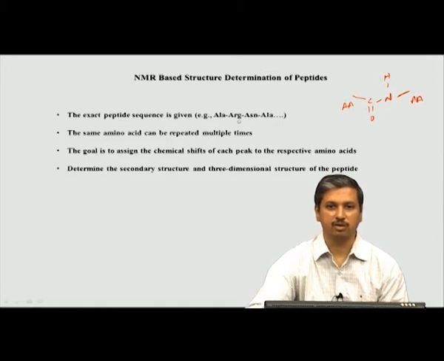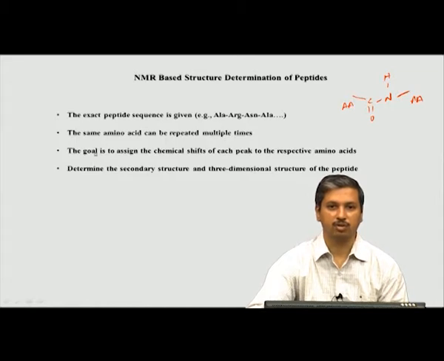So, alanine has come twice. There is no restriction as to how many times the same amino acid can repeat. So, this is like a polymer, we are looking at a biopolymer. This is where the complexity starts. If you have multiple amino acids of the same type, then the spectrum is complicated to interpret. So, let us see how that can be accomplished.